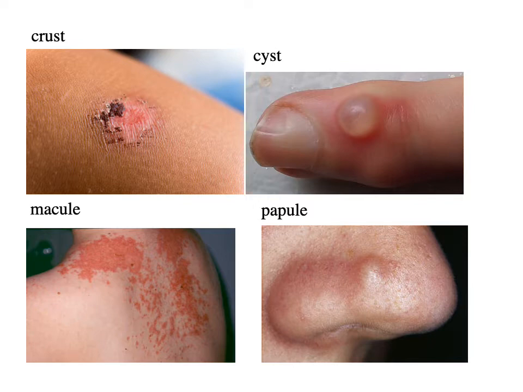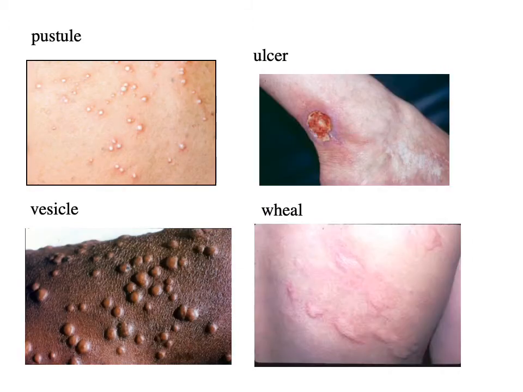And then a papule or a pustule, those two terms I actually look at as pretty interchangeable. This is a deep pimple, is how I would describe that. It's got some pressure because it's deeper in the tissue, but it's still going to be full of pus. Here we have a pustule where it's more superficial. You can see that it's full of that whitish pus color.